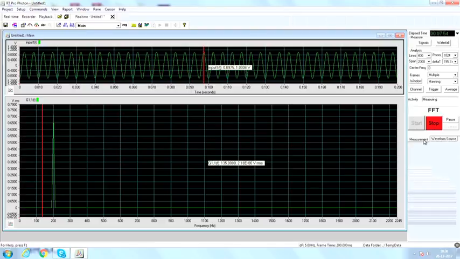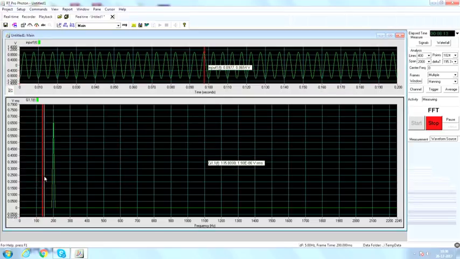Now, what I have done, if you go to the measurement, I have taken 1024 points, and if I come here to the frequency domain, my delta f right now is 135. If I move it, the next point is here.